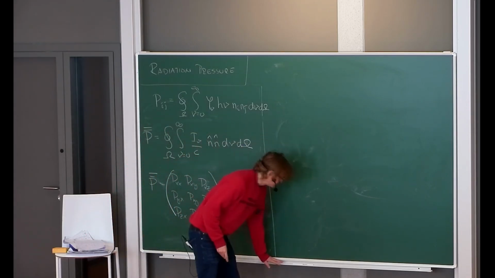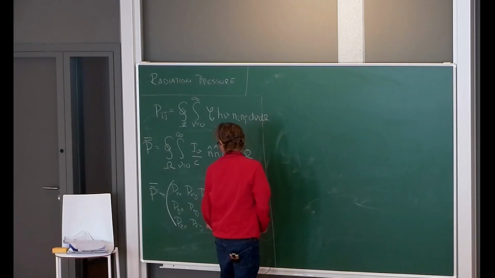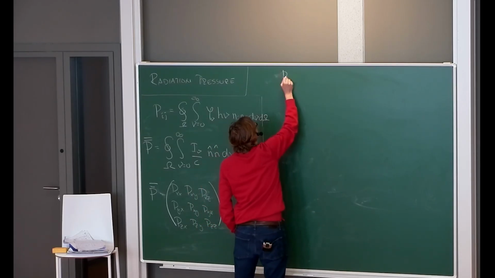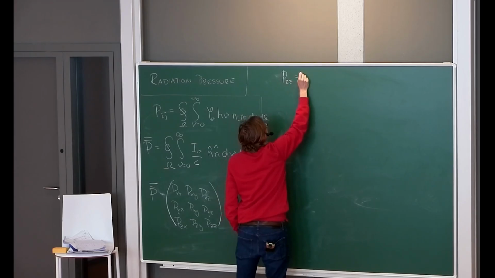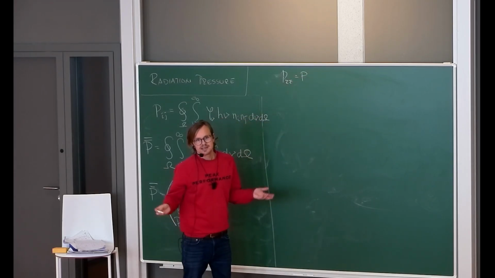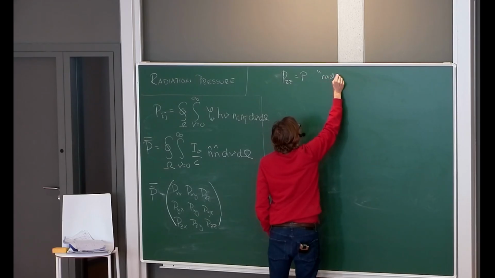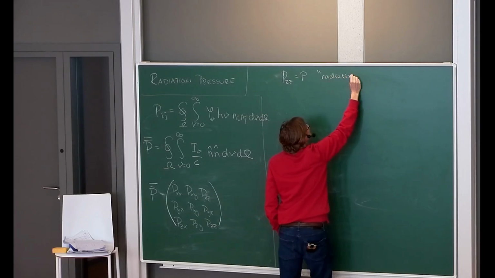However, for most situations, we can identify the CC component in Cartesian, PCC, with just, we can call it P, and that is typically what we call the radiation pressure.